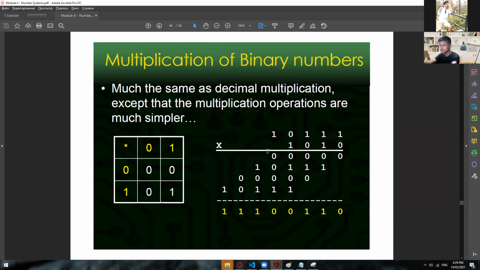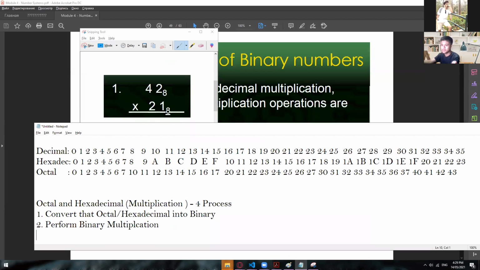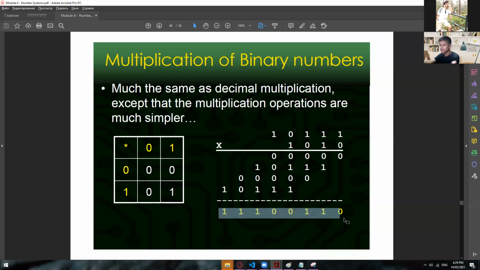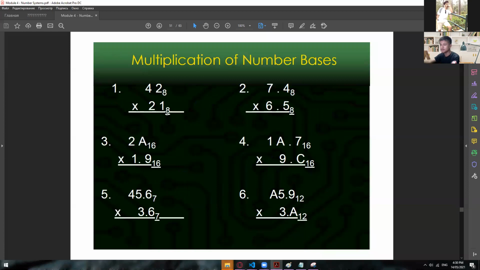Something like this. And then the third step is, of course, you can now perform binary addition, which you will get this one as a result for binary addition. And then the last one, if you guys are going to take a look on this one, it's in the form of octal.